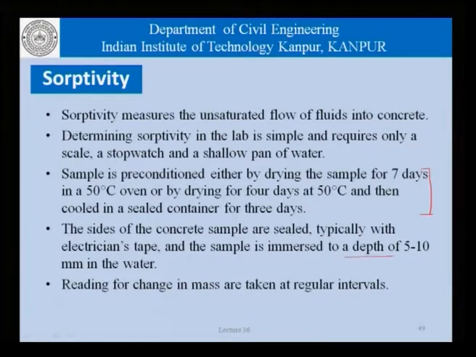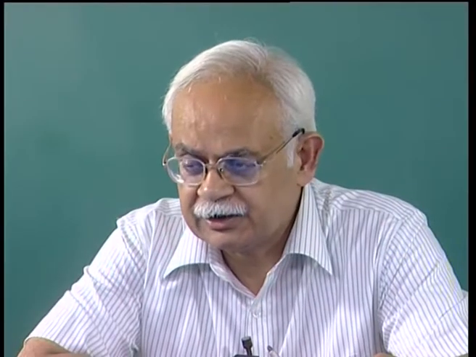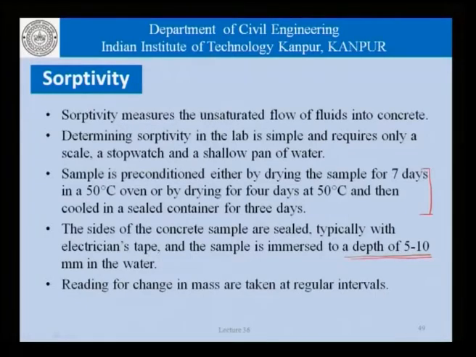The difference between the sorptivity test and the BS absorption test lies in this depth of immersion in water. In the British absorption test, the entire specimen is immersed in water, whereas in this case it is immersed only to a 5 to 10 mm depth.